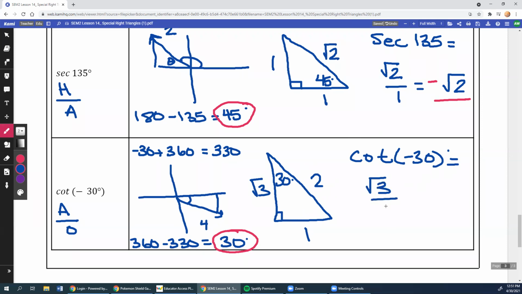My opposite is 1. So this is square root 3. But again, negative or positive. If we look back, quadrant 4, tangent and cotangent are negative. So we attach a negative. And there you have it, finding exact values using our two special right triangles.